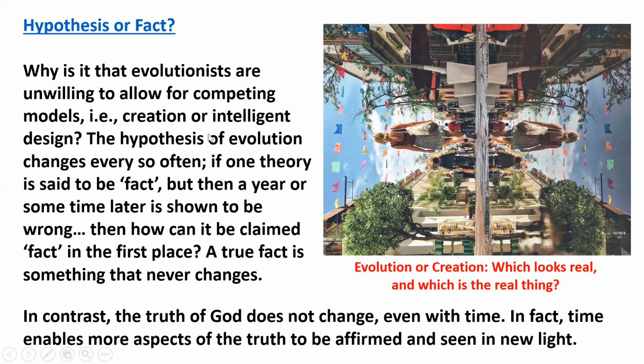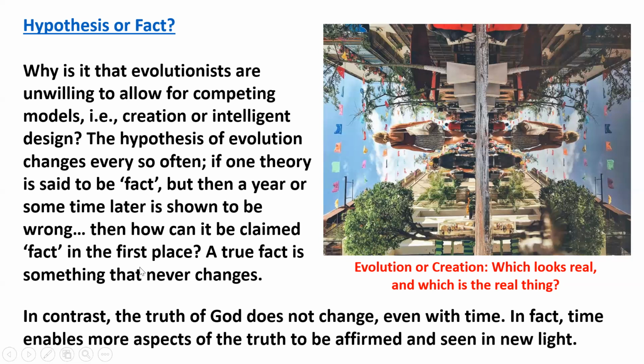Well, the hypothesis of evolution changes every so often. If one theory is said to be fact, but then sometime later is shown to be wrong, for example, when Archaeopteryx was supposed to be a fact of evidence between bird and dinosaur, and later on it's discovered to be wrong, then how can it be claimed as fact in the first place?